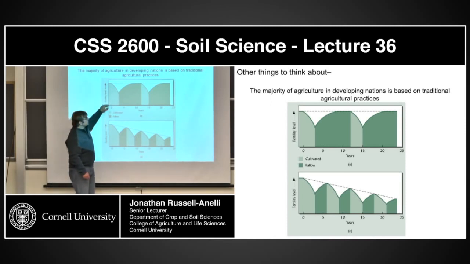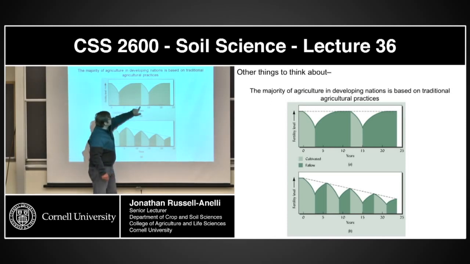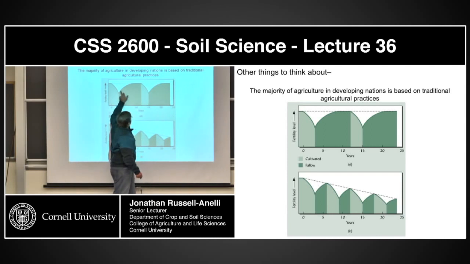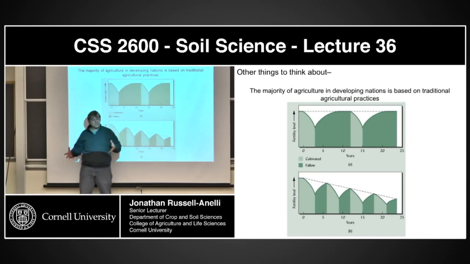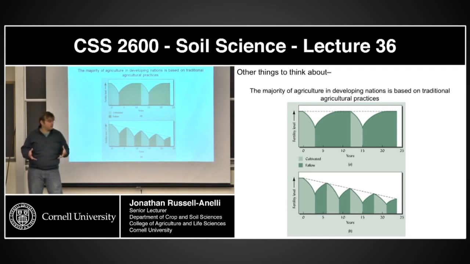Okay? In traditional practices, you leave the field fallow for, in this case, 7 or 8 years, and then you harvest for a couple of years, and then you let it go fallow again, letting the soil fertility come back up. In many cases you'd have up to a 20-year fallow period, if not longer. This is swidden technology, and there are lots of other traditional methods.